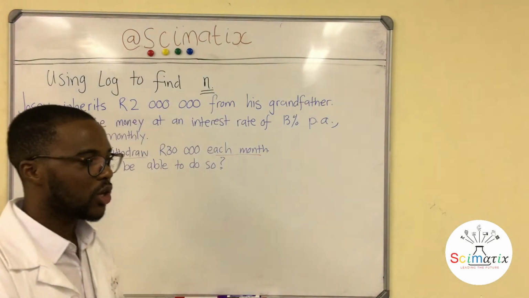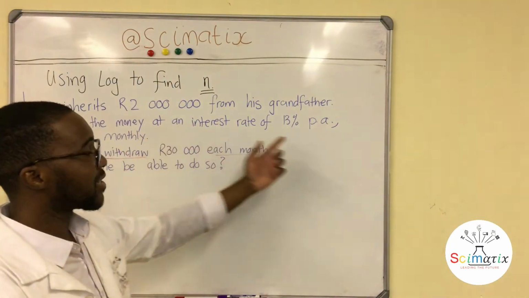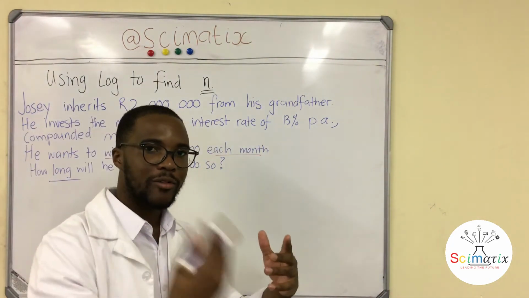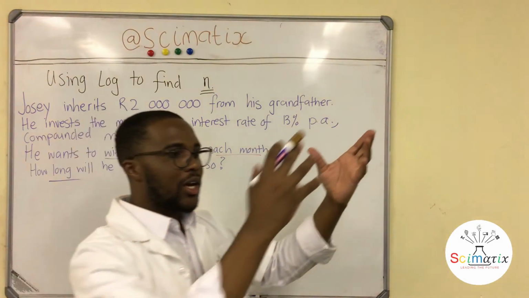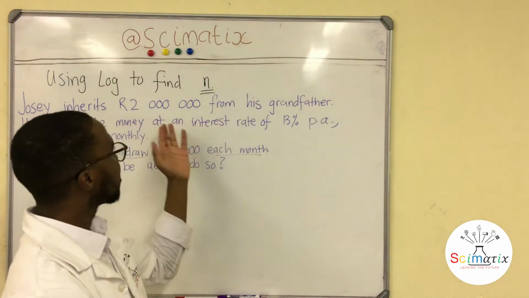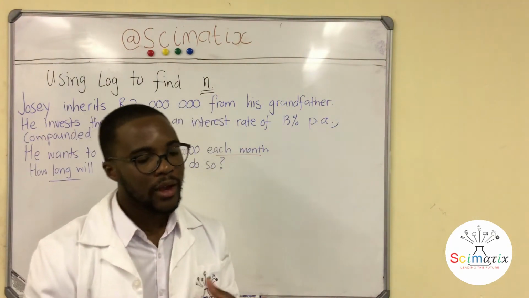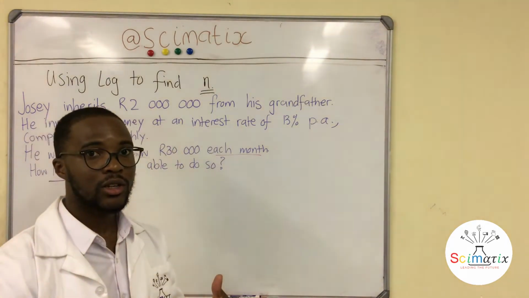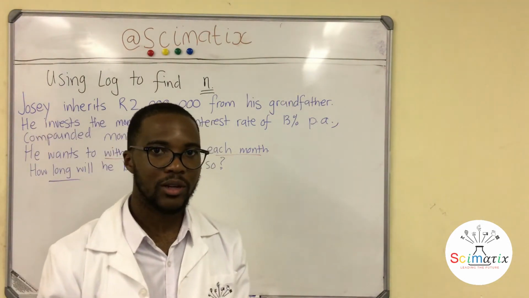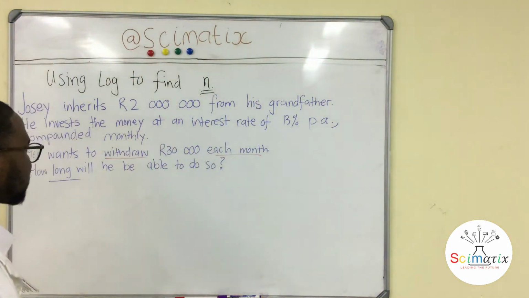In this case, you are withdrawing from this amount. Even though you have invested it, every month you're taking away from it. So every time you have installments which reduce the original amount, you use the present value formula. And every time you have installments that increase the original amount, you use the future value formula. I hope you'll be able to remember that. So in this case, let's get to it.